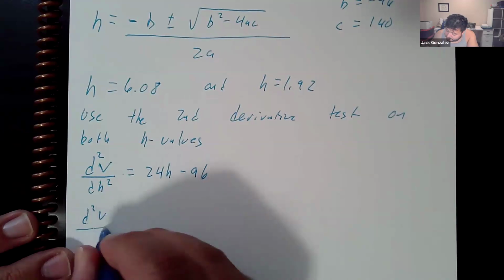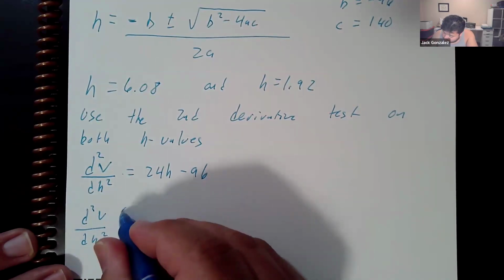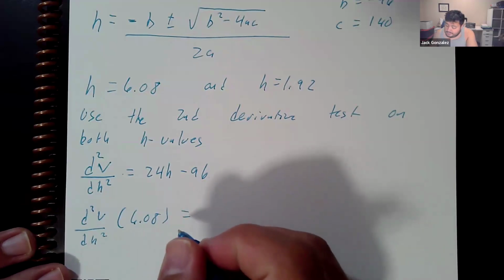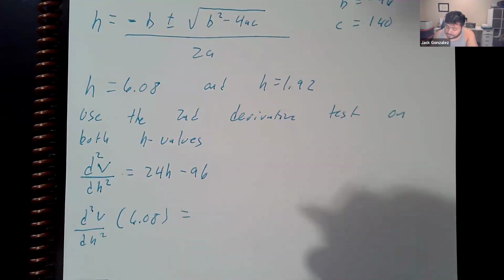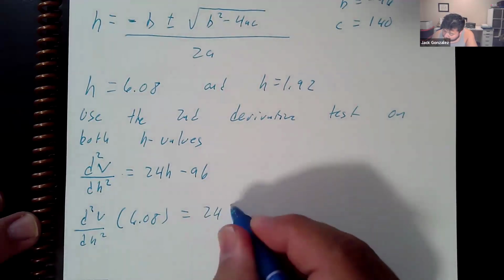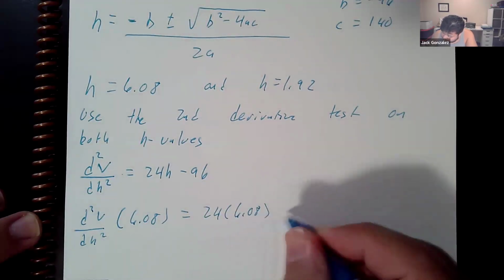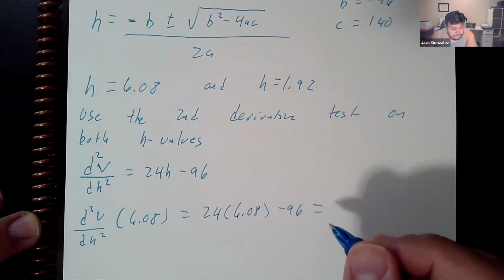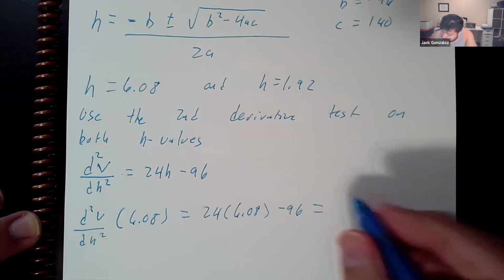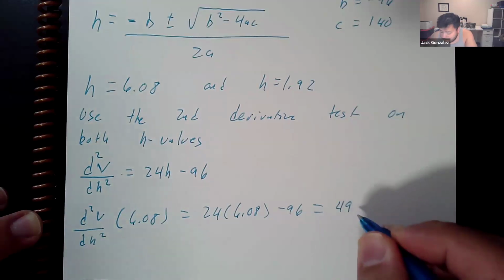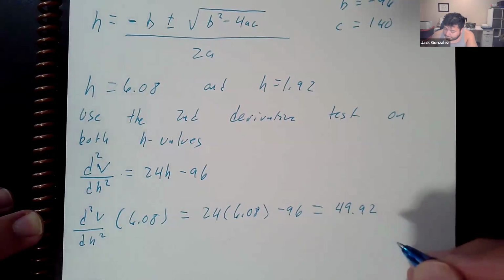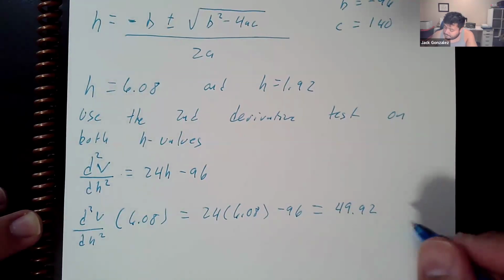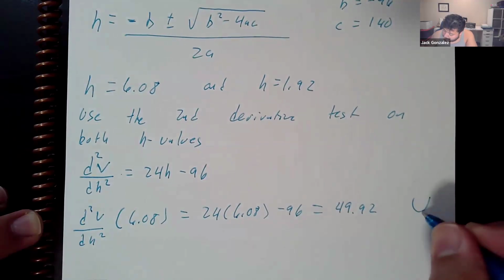Second derivative at 6.08 will be 24 times 6.08 minus 96, which will be 49.92, which means concave up, right?